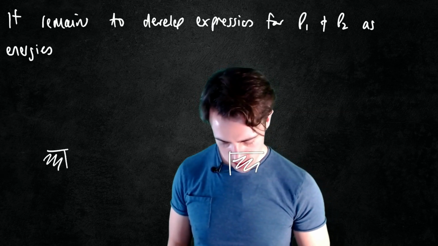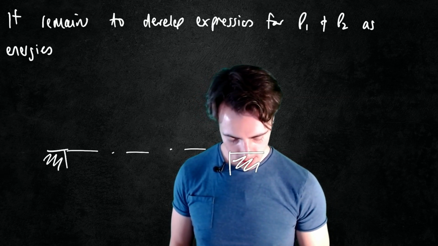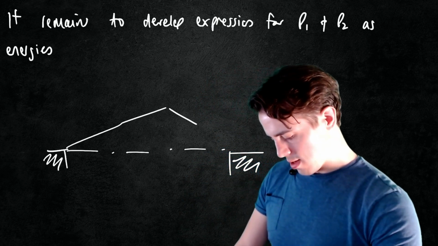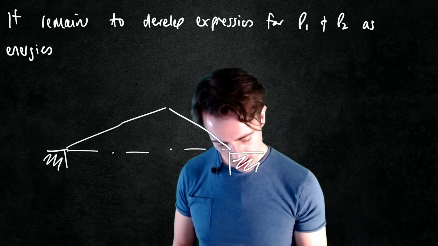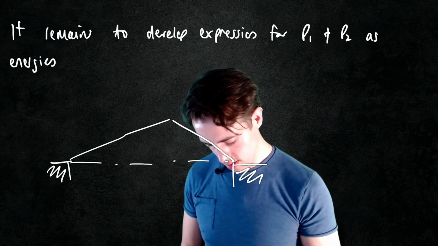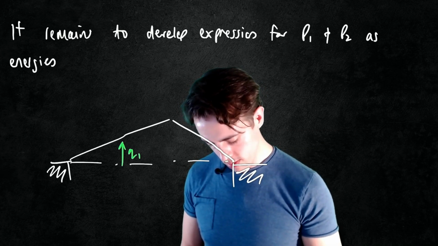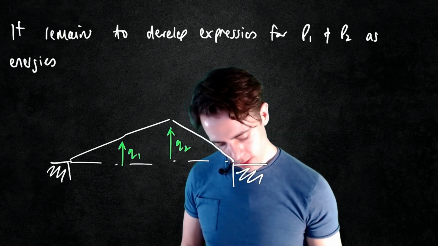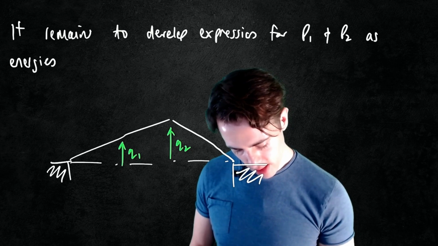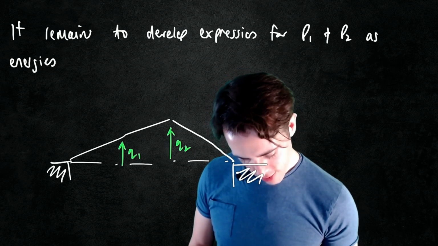Let's say it's our nominal 0. We've got plate 1, plate 2, plate 3 here. So this has already got displacements Q1, Q2. Let's use a nicer, darker color of green, if I can get one. Let's draw something blue.